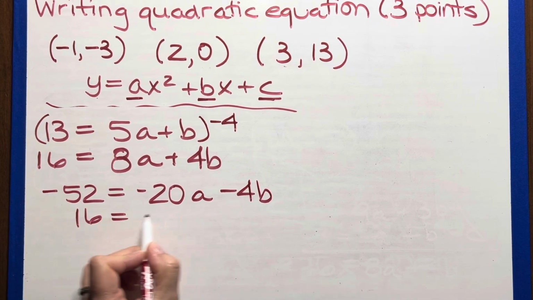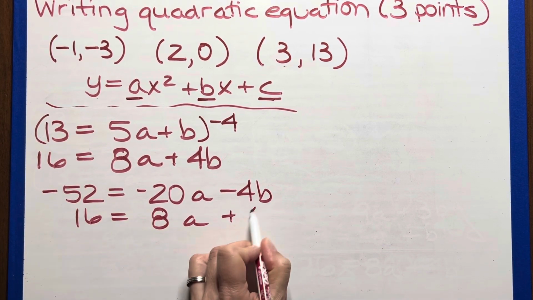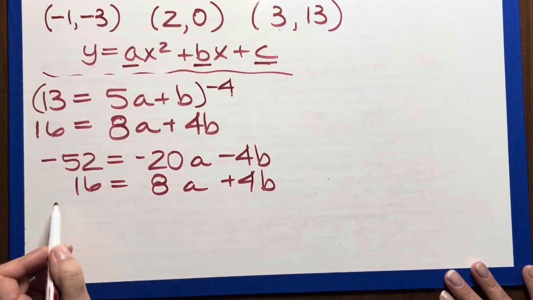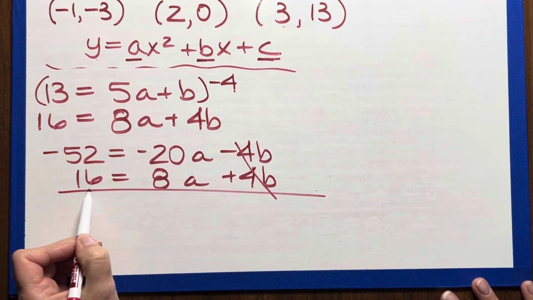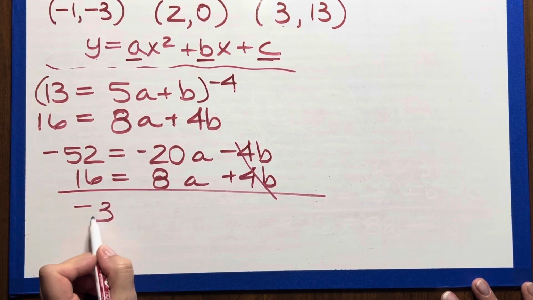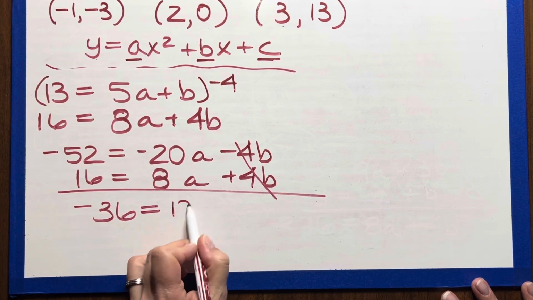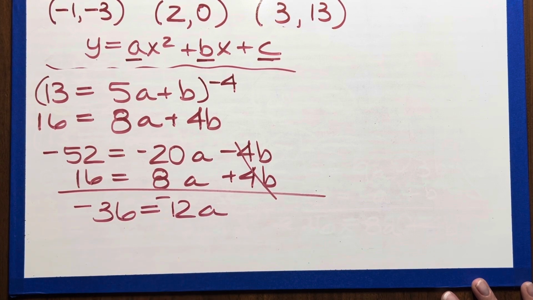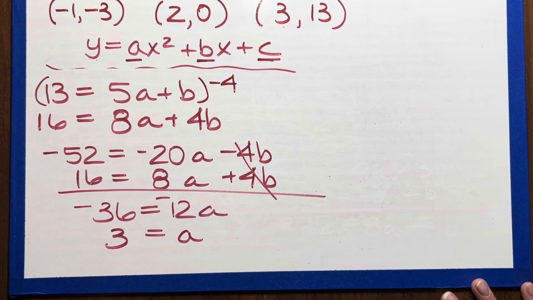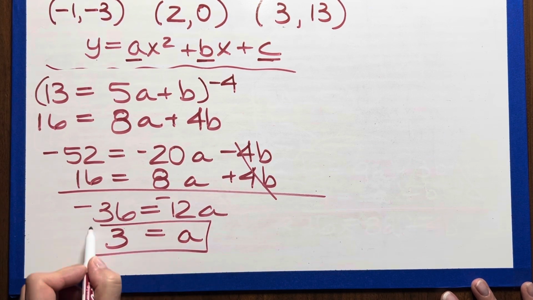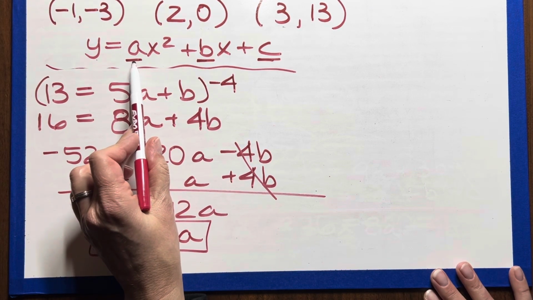I'm going to keep my other equation the same because I want these b terms to cancel out. So when I add these terms together, I get -36 equals -12a. So my a is going to be +3. I've got my first coefficient, a 3.